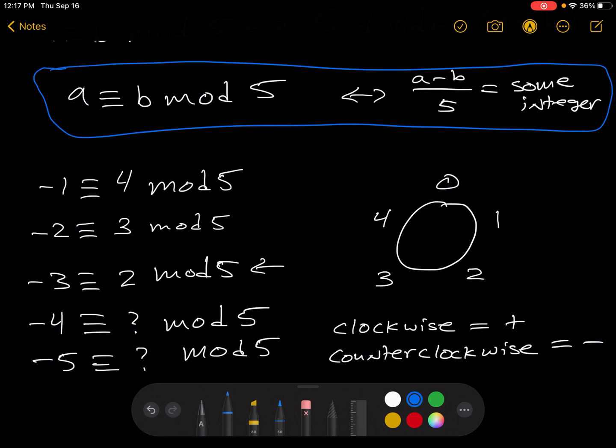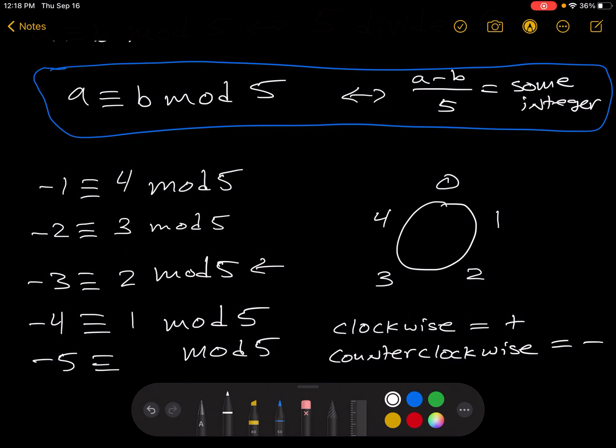What is negative 4 mod 5? 0, negative 1, negative 2, negative 3, negative 4. So negative 4 is 1 mod 5. And now lastly, negative 5.